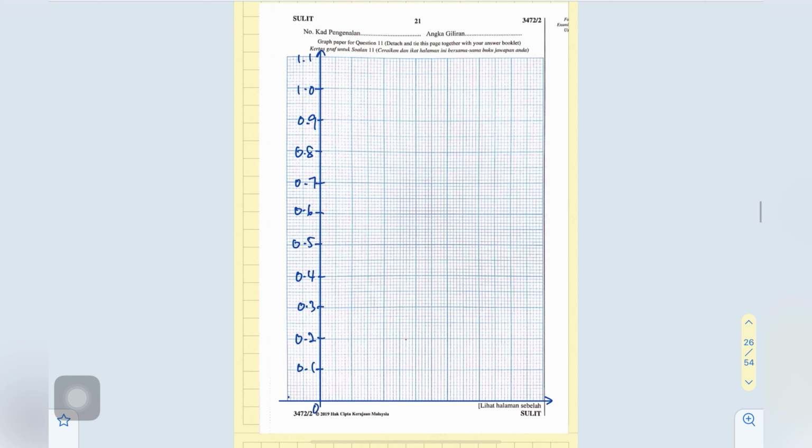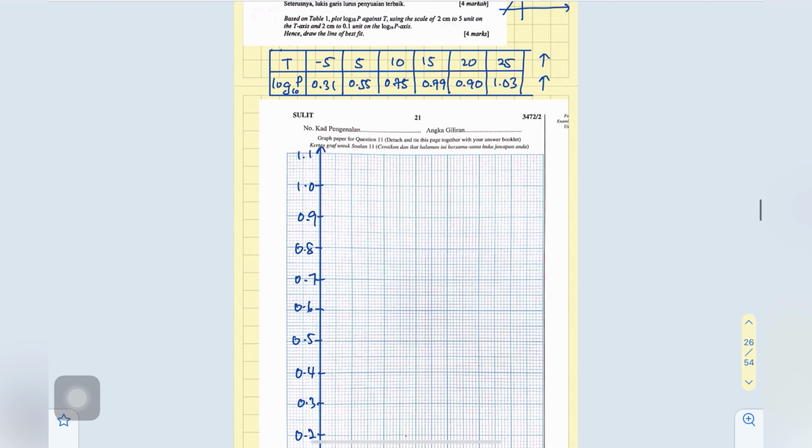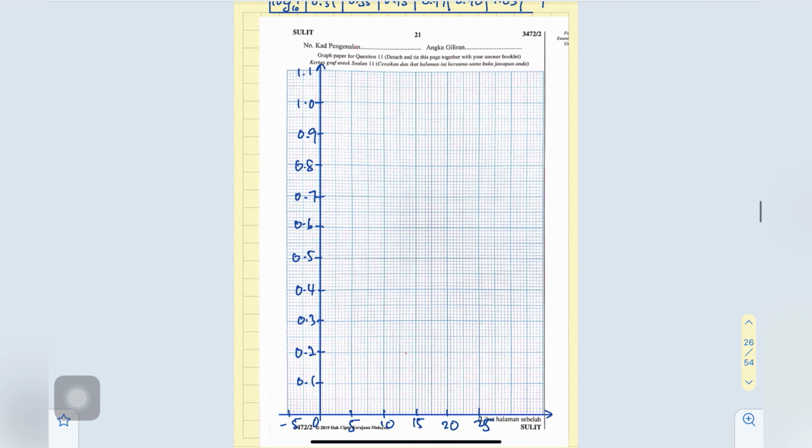Ngam-ngam. So this one negative 5, 5, 10 ikut scale, 15, 20, 25. Okay, maximum 25.